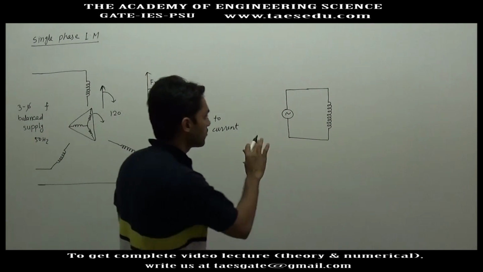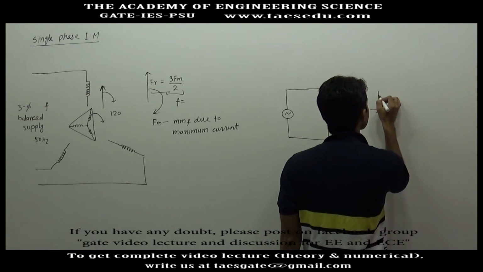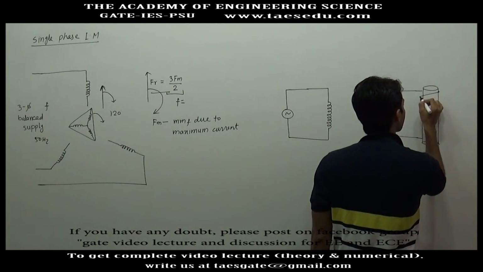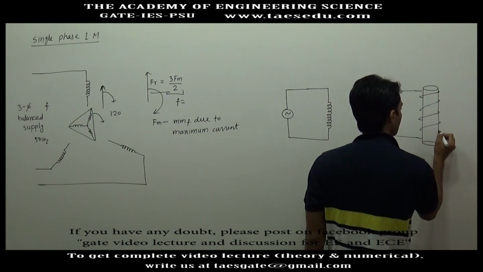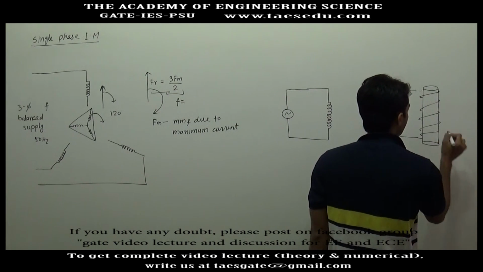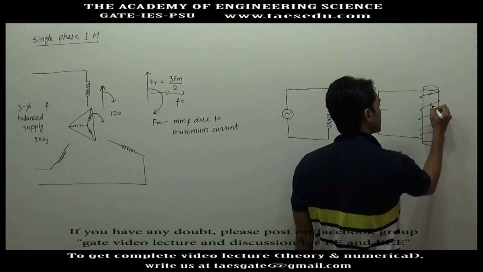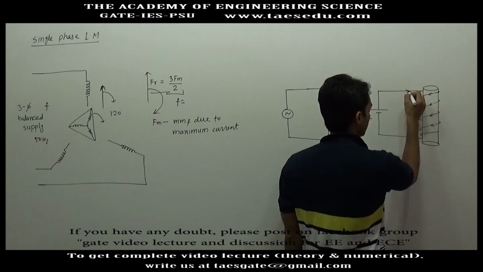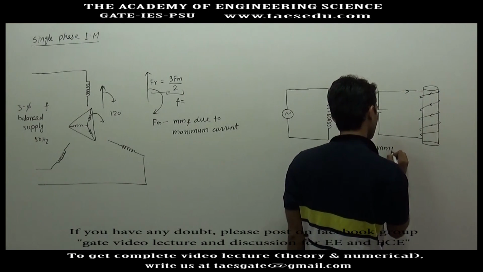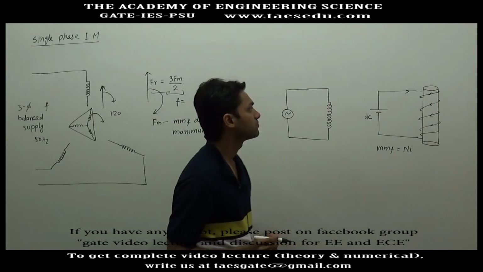Before studying this, suppose we have a DC source. This supply is given to a winding, and this winding is wound on a soft iron material. So due to current in this winding, there will be an MMF, which is N into I. What will be the direction of MMF?